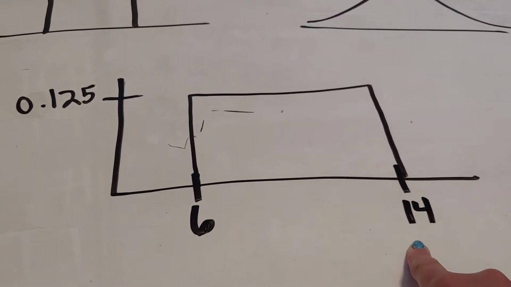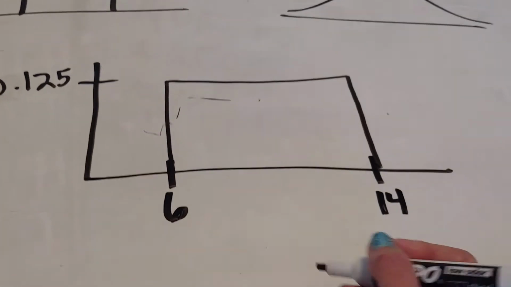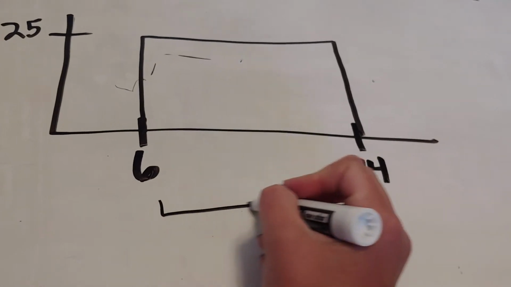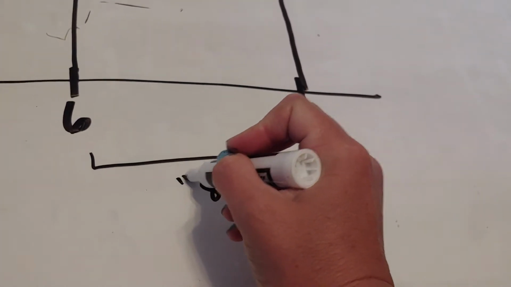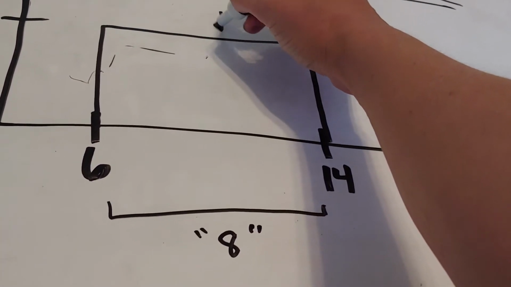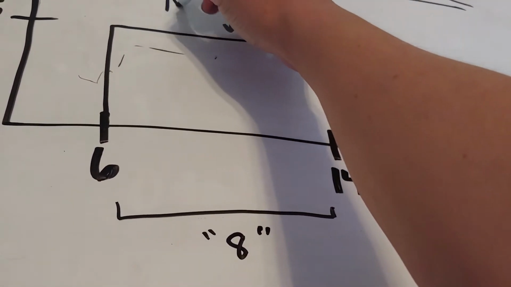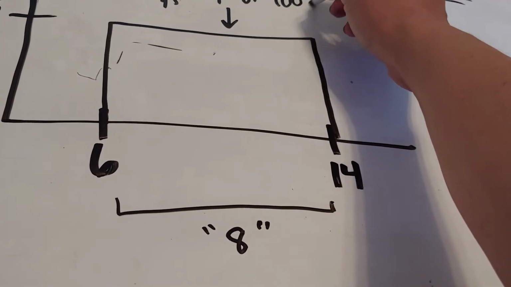Okay, now you may be wondering, how did they come up with this height over here? If you take 14 minus 6, this is a distance of 8. This whole curve needs to equal 1, this area needs to equal 1 or 100%.